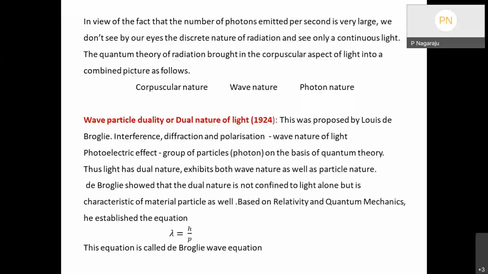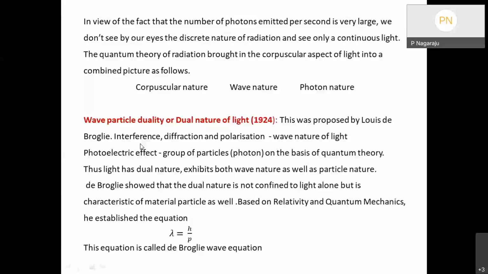Even atomic spectra were explained using quantum theory. But quantum theory could not explain the wave nature, such as interference, refraction, and polarization. And it is because of this, the wave particle duality, that is what our heading is, dual nature of light. This concept of dual nature of light was introduced in the year 1924 by de Broglie.